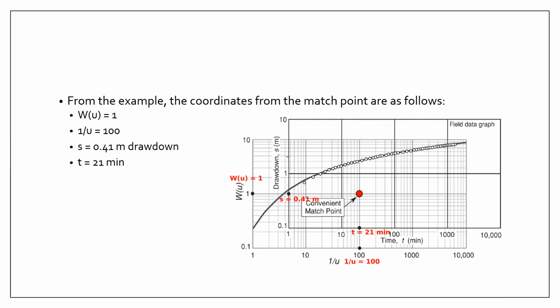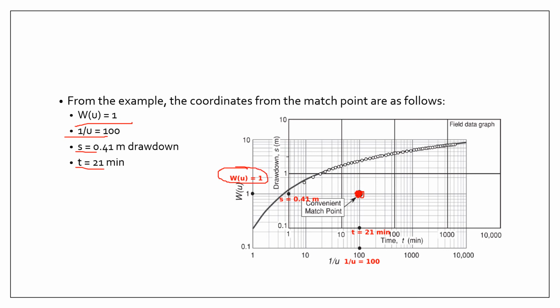To be more specific, this is what it looks like. This point has four coordinates: the W, the 1 over u, the s, and the t, and these are their values.